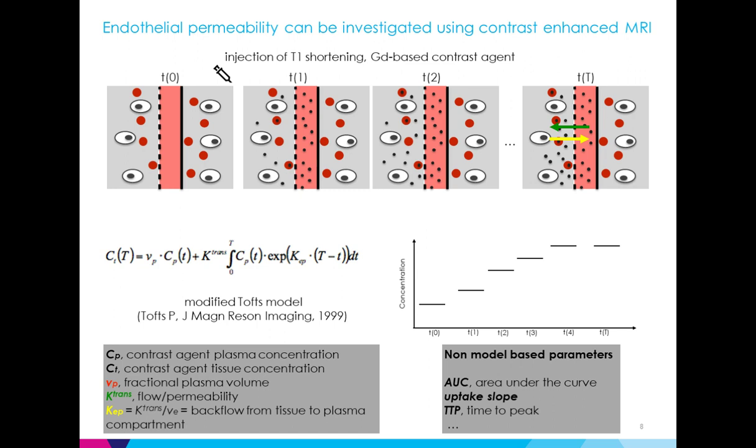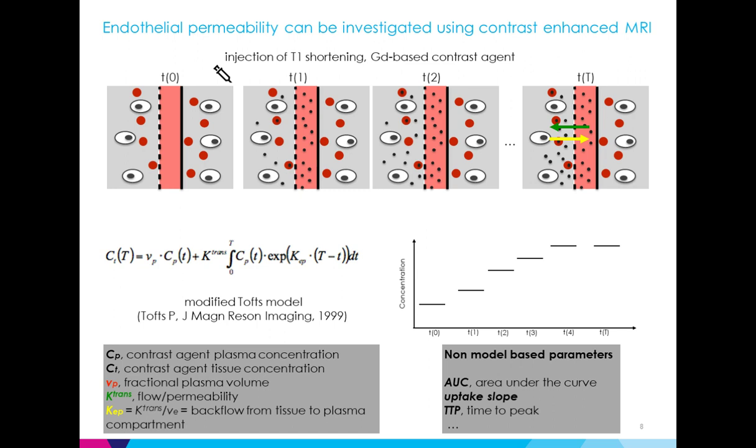And if you were to look at an uptake curve of contrast agent in the tissue of interest over time, it would typically look like this, right? With concentration being, I would say, basically at zero before injection, and then rising more or less rapidly depending on the permeability of the tissue, plateauing, and then, one step that I'm not showing here, going down as the contrast agent flows back to the plasma compartment.